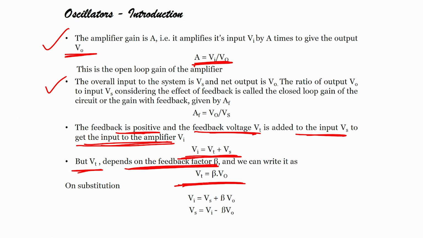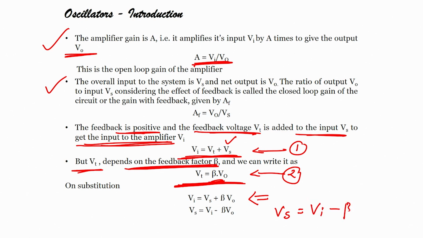So, if this is equation 1 and this is equation 2, substituting equation 2 in equation 1, I have Vi equals Vs plus beta times Vo, or Vs equals Vi minus beta times Vo. This is easy.